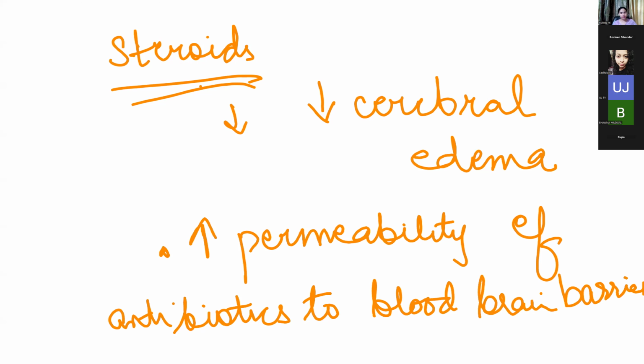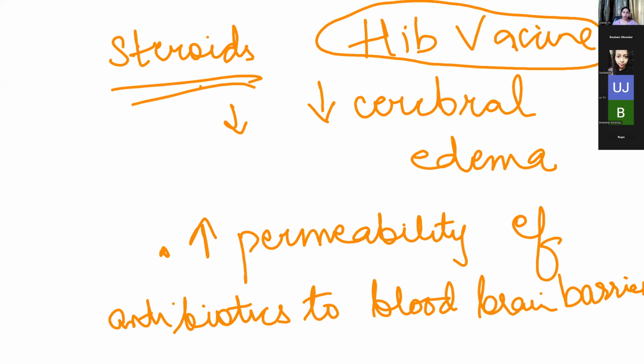So this is the reason why we are administering dexamethasone, which is a steroid, to meningitis patients. And one more thing you can give is the Hib vaccine. This vaccine can also be administered.